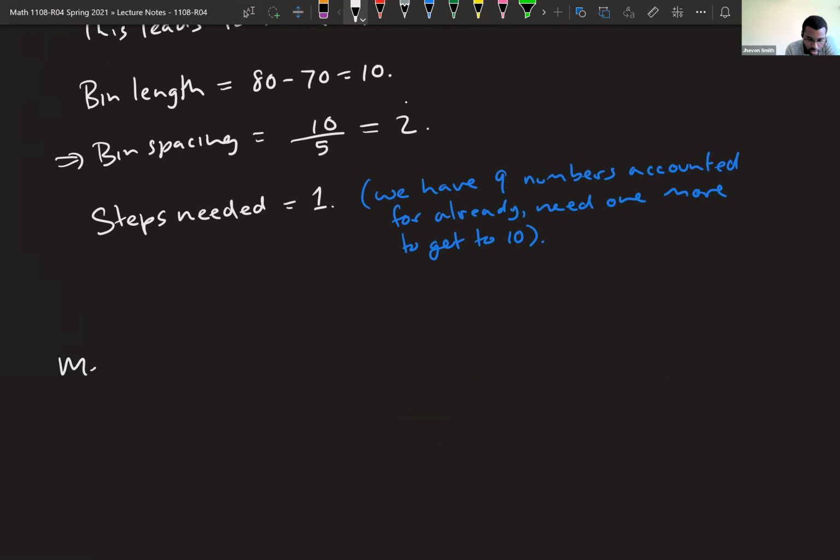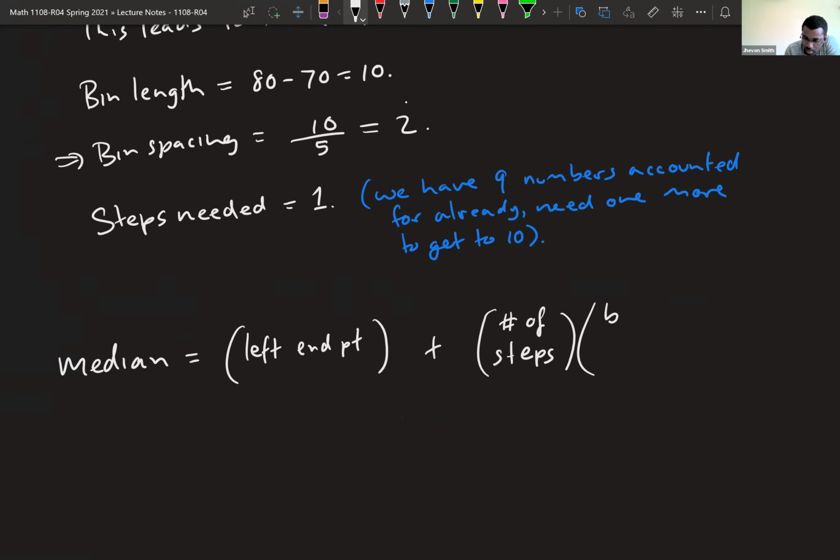The median equals the left endpoint plus number of steps times bin spacing.